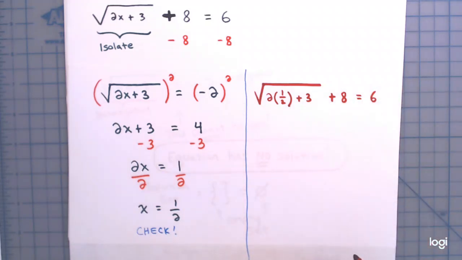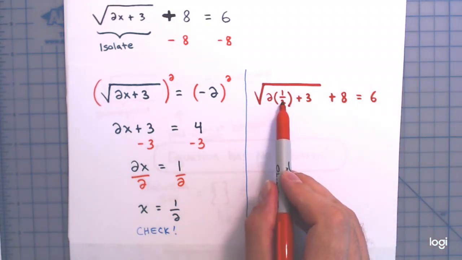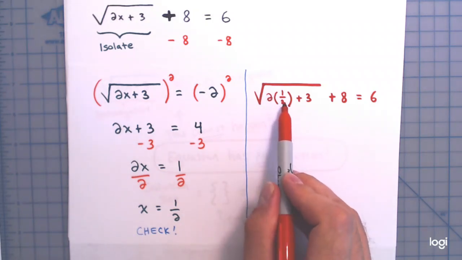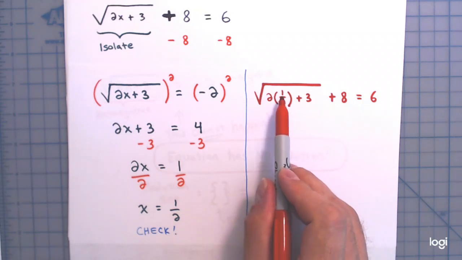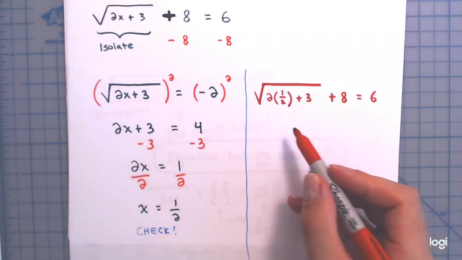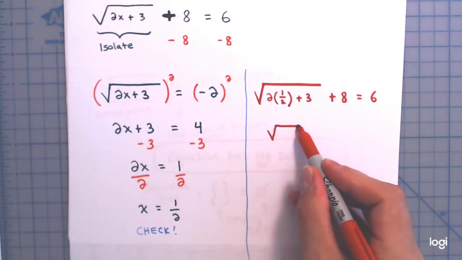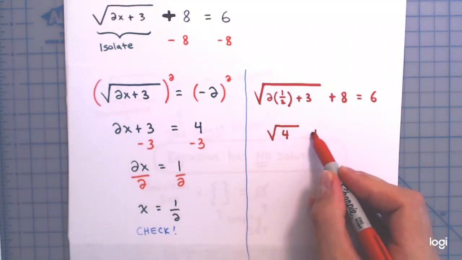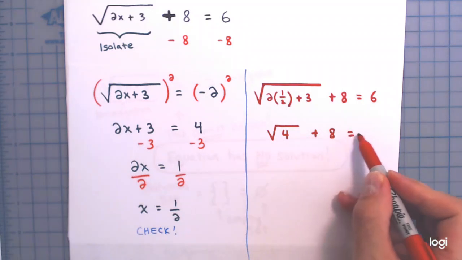Well, 2 times 1/2, the 2 in the numerator and the 2 in the denominator is a common factor that would divide out, leaving me with 1. So this is 1 plus 3, which is 4. So the radicand is 4. I have the square root of 4, plus 8 equals 6.